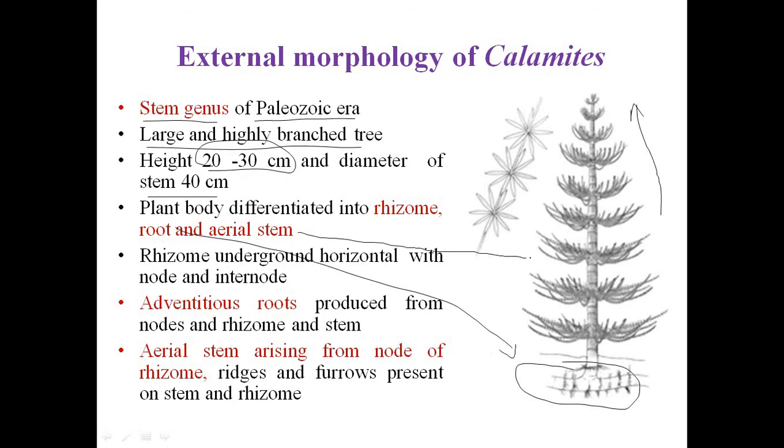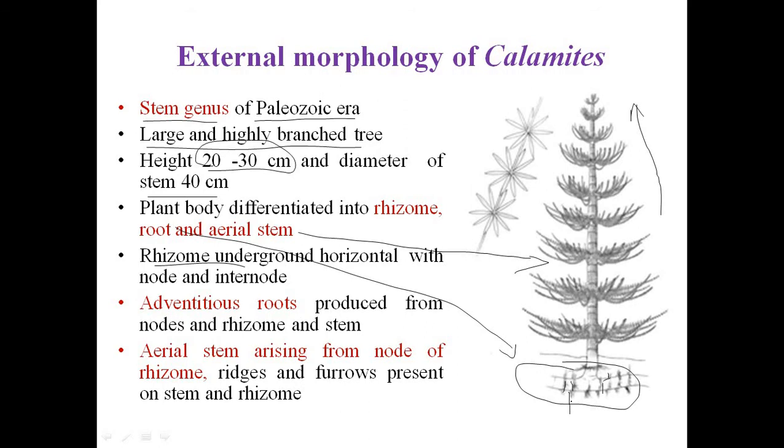This rhizome, which is underground and horizontal, has nodes and internodes. You can observe these internodes as well as the nodal regions on the underground rhizome.